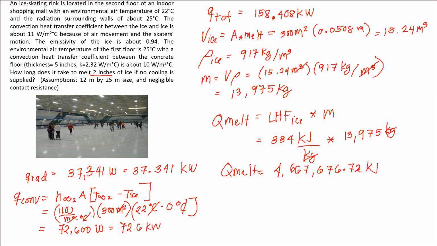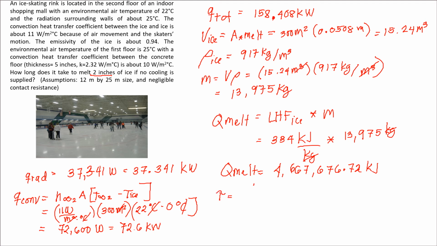kilojoules. Now remember, the Q total is the heat transfer rate. So when we transform that into kilojoules per second, this would give us time through dimensional analysis.